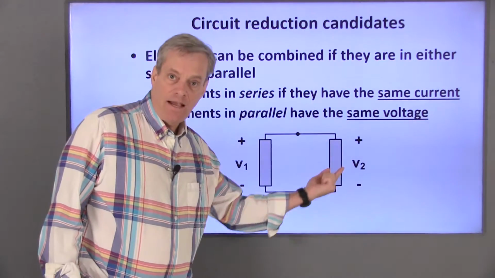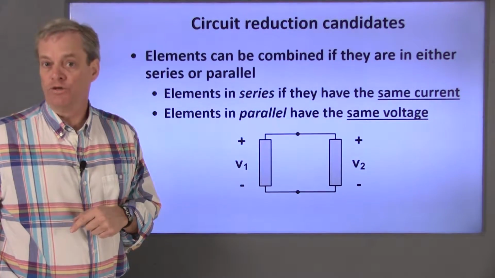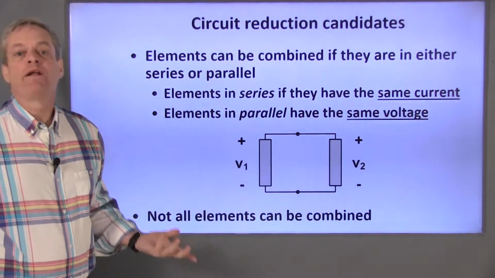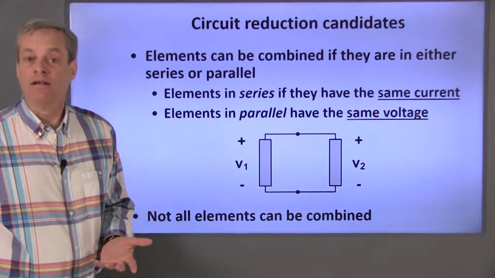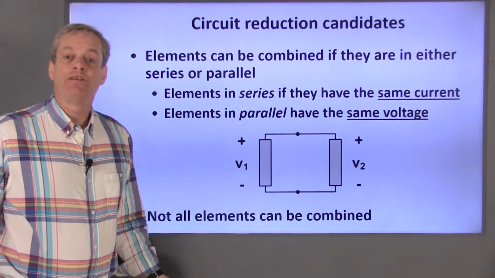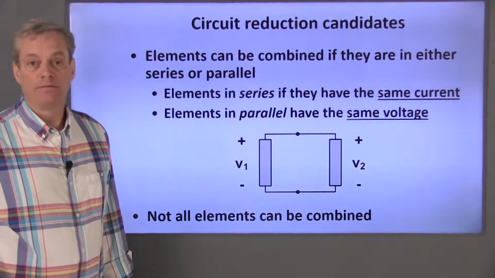If I do KVL around a loop and encounter two and only two elements in the loop, those elements will be in parallel. I want to emphasize that not all elements are either in series or parallel. Many combinations of elements can't be reduced. Identification of series and parallel elements is an important point.